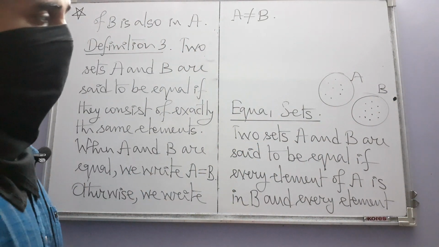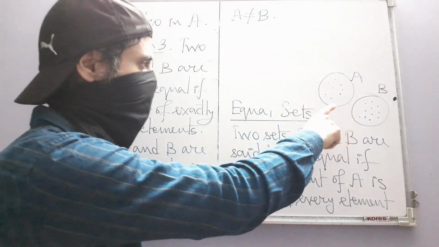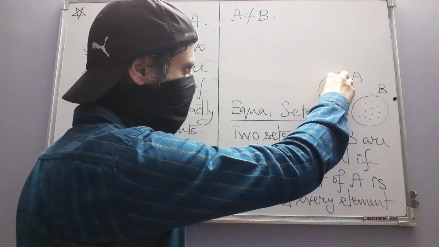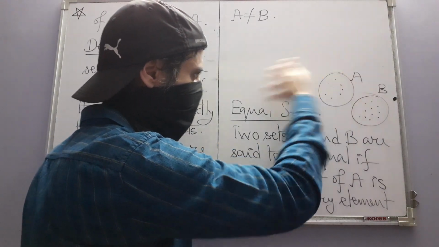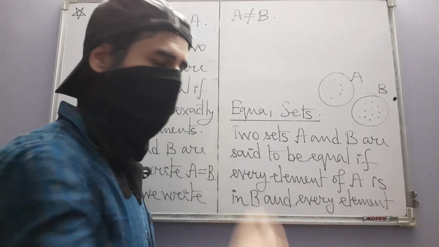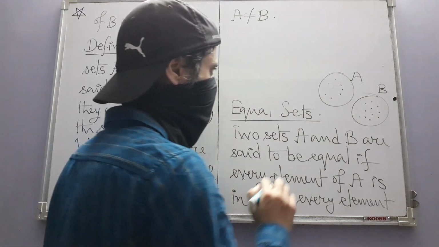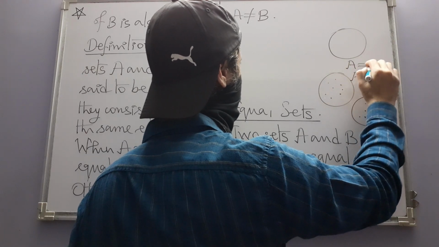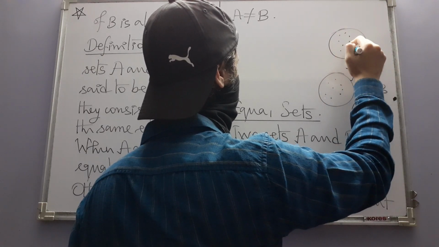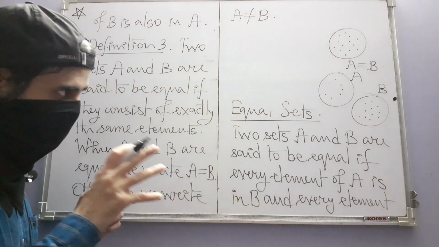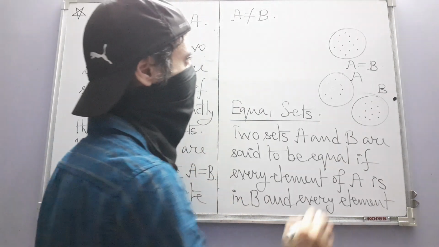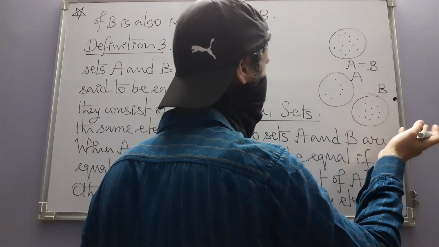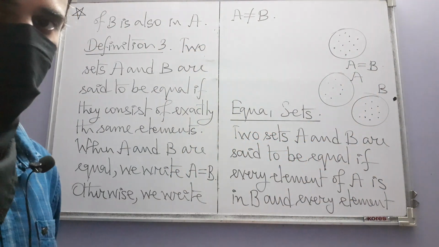The way we have drawn this figure, obviously these two sets are not equal, because there are some points that you see which are different, and these are some points which are also different. For them to be equal, there should be only one circle. So they should consist of precisely the same elements. And in that case, every element of A is also an element of B, and every element of B is also an element of A.